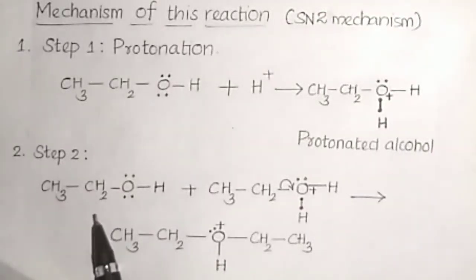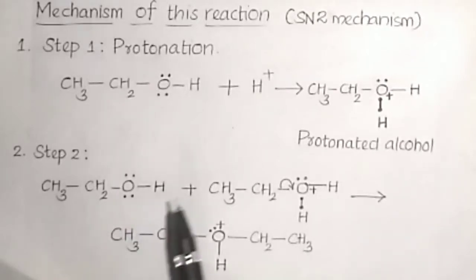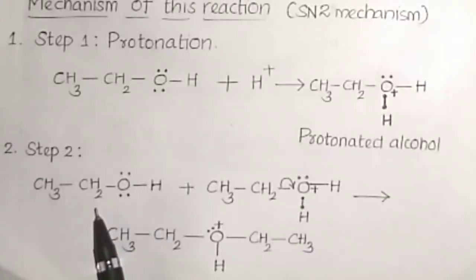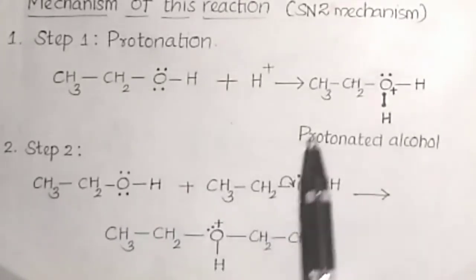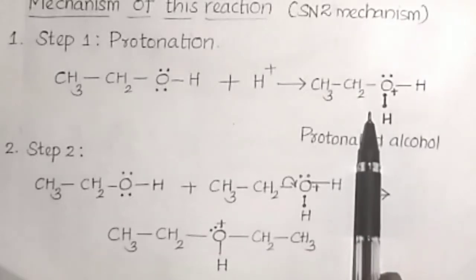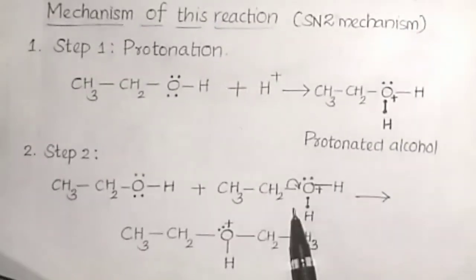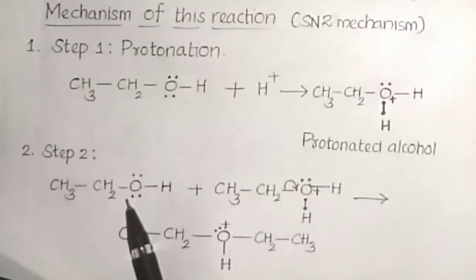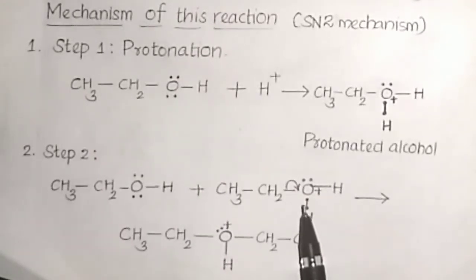Then step 2. Here we know 2 molecules of ethanol are involved. The second molecule is right here, CH3CH2OH, plus the protonated alcohol we already prepared in the first step. So this ethanol reacts with this protonated alcohol.